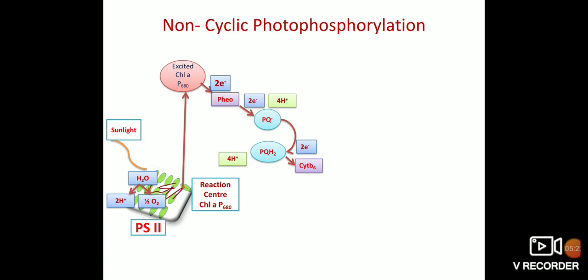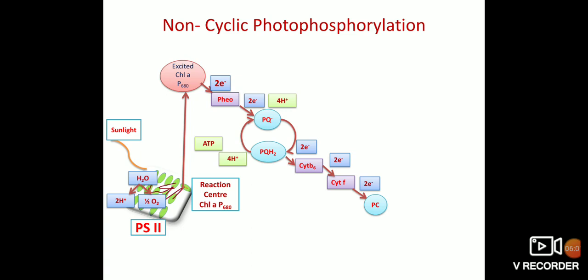These 4 protons are liberated in the lumen of the thylakoids, and then these protons are utilized for the formation of ATP, and by liberation of the electrons and the protons, the plastoquinol gets oxidized again to plastosemiquinone.